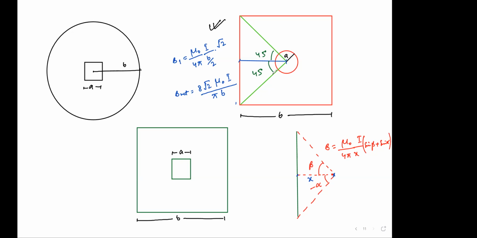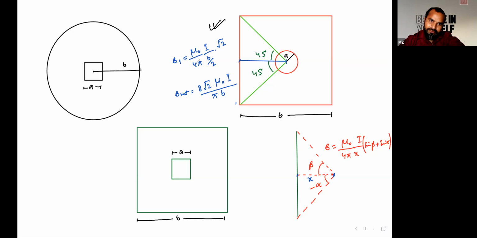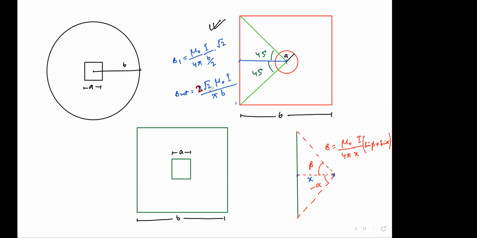Okay. Why is it 8 root 2? Like we have to multiply it by 4, right? Yeah, just multiplying by 4. This 4 and this 4 would be cancelled. Oh no, it should just be 2 root 2.